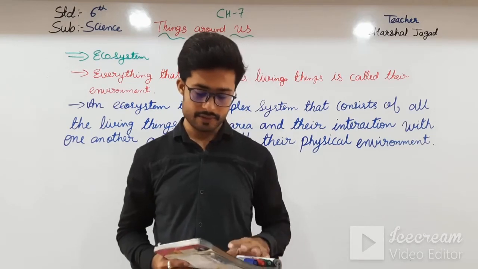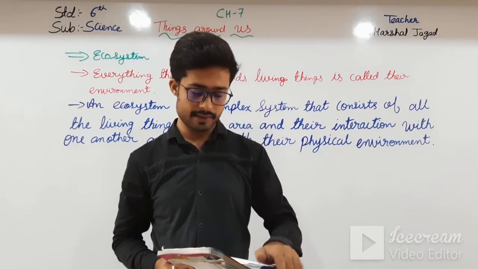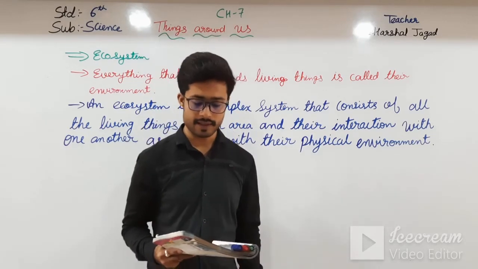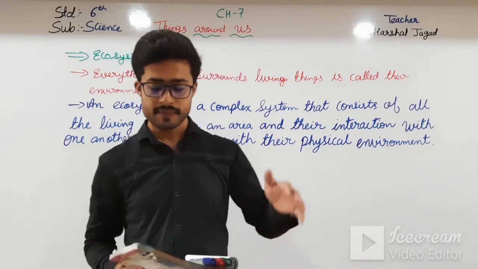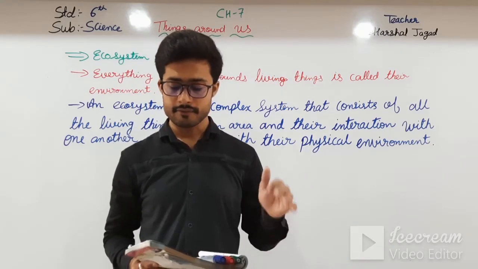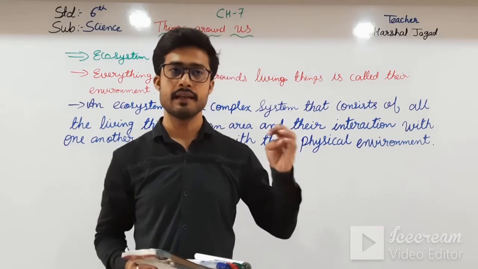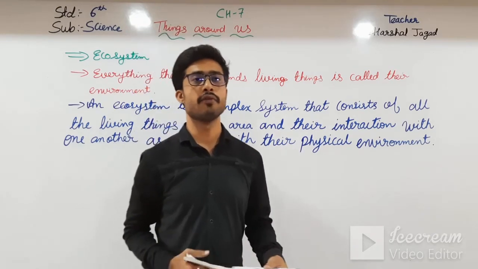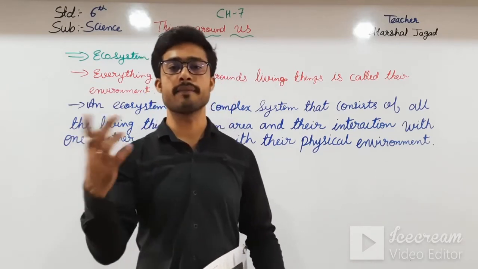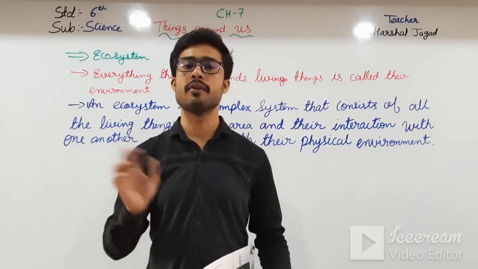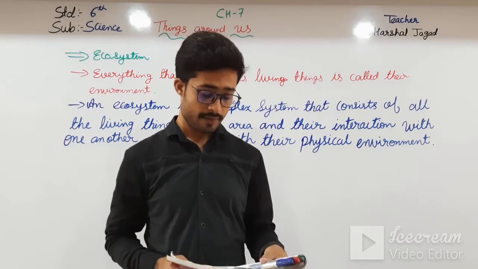So let us see first what the ecosystem on the earth is. Many different kinds of plants and animals live on the earth. They meet their food, water and shelter requirements from the surroundings in which they live. Means they get their food, air and shelter from their surroundings only, not from anything else.